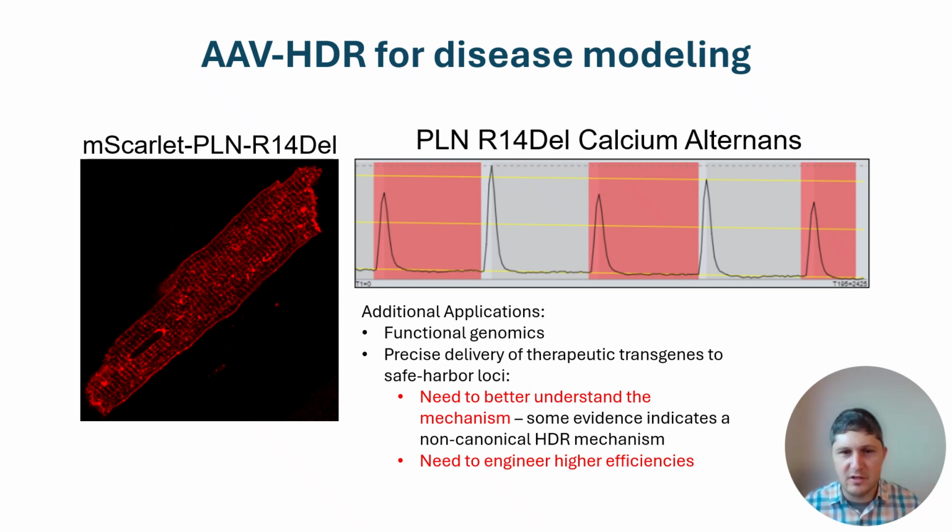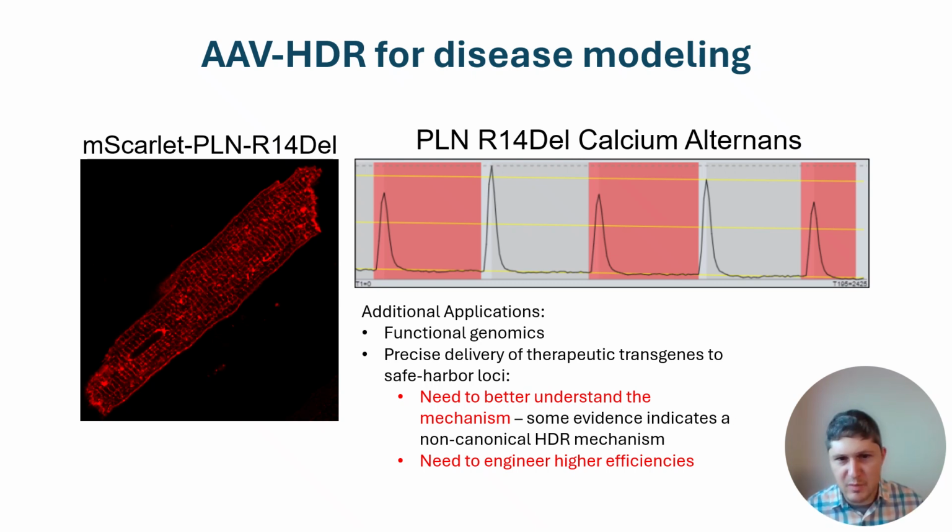And then using single cell phenotyping assays, we can detect phenotypes that are associated with this particular mutant. In this case, we see calcium alternans, which is where we see this variation in peak amplitude from beat to beat within these mutant cardiomyocytes. And so this is a phenotype that's highly associated with arrhythmia susceptibility, which is something humans with this mutation suffer from.